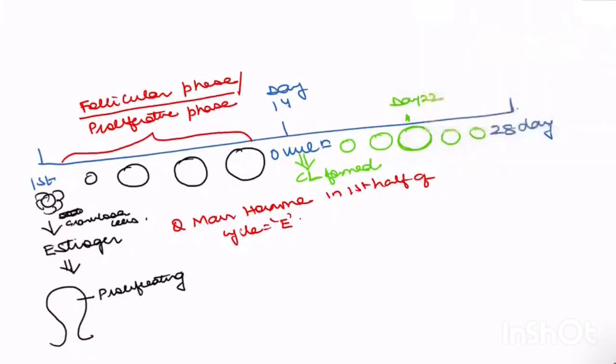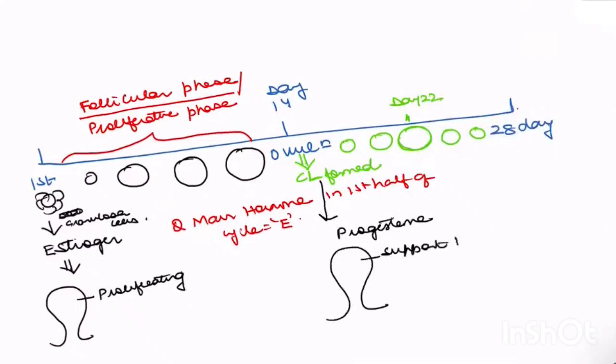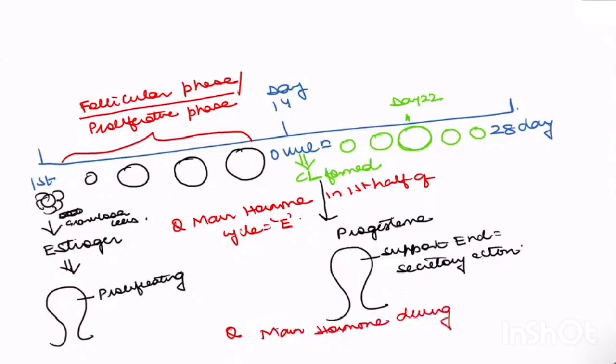The main hormone was progesterone, and progesterone supports the endometrium, which is called as secretory action. So if I ask you, which is the main hormone during second half of cycle, your answer will be progesterone.